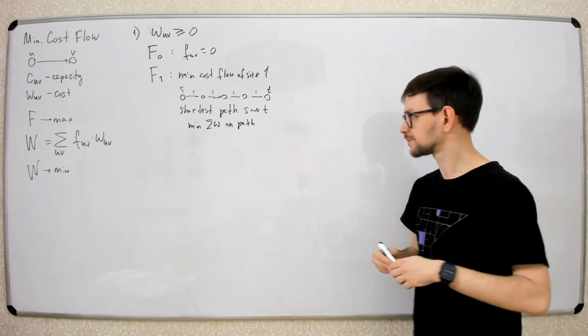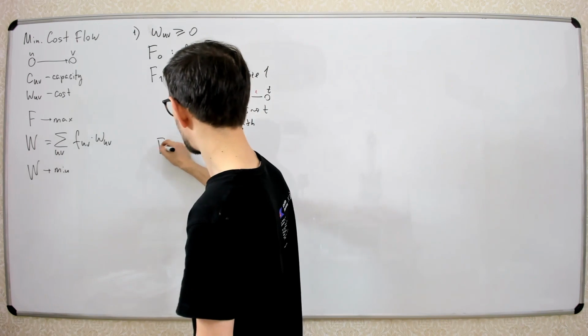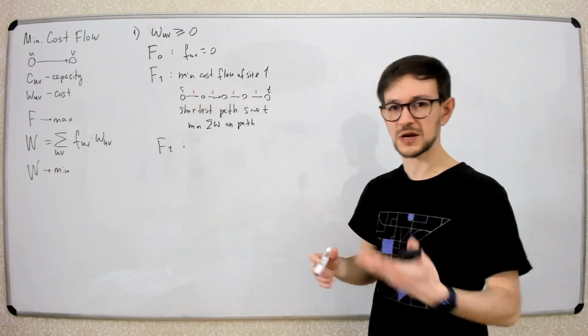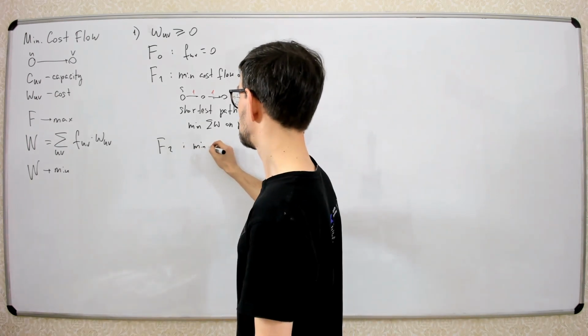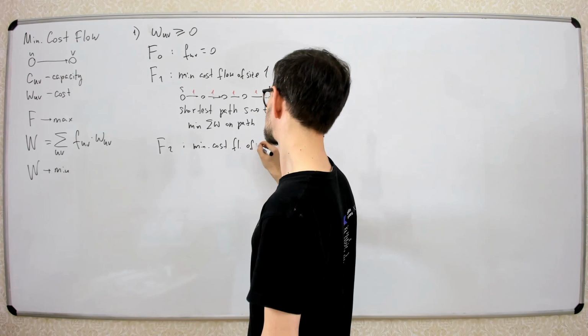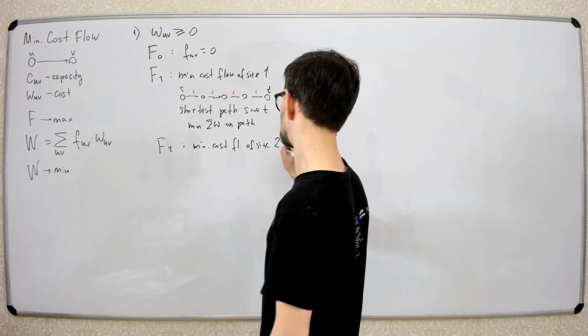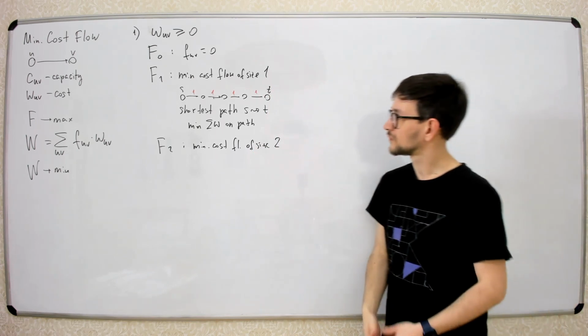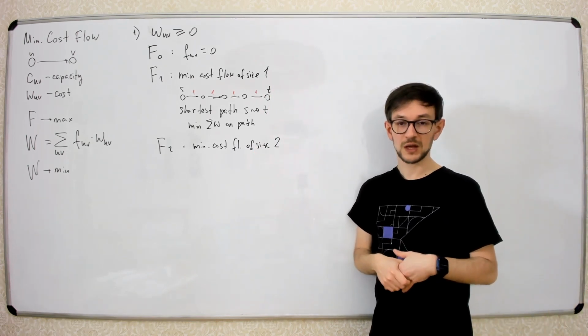Now let's move to the next. How to find flow F2? So again, flow F2 is the minimal cost flow of size 2. How to find a flow of size 2?